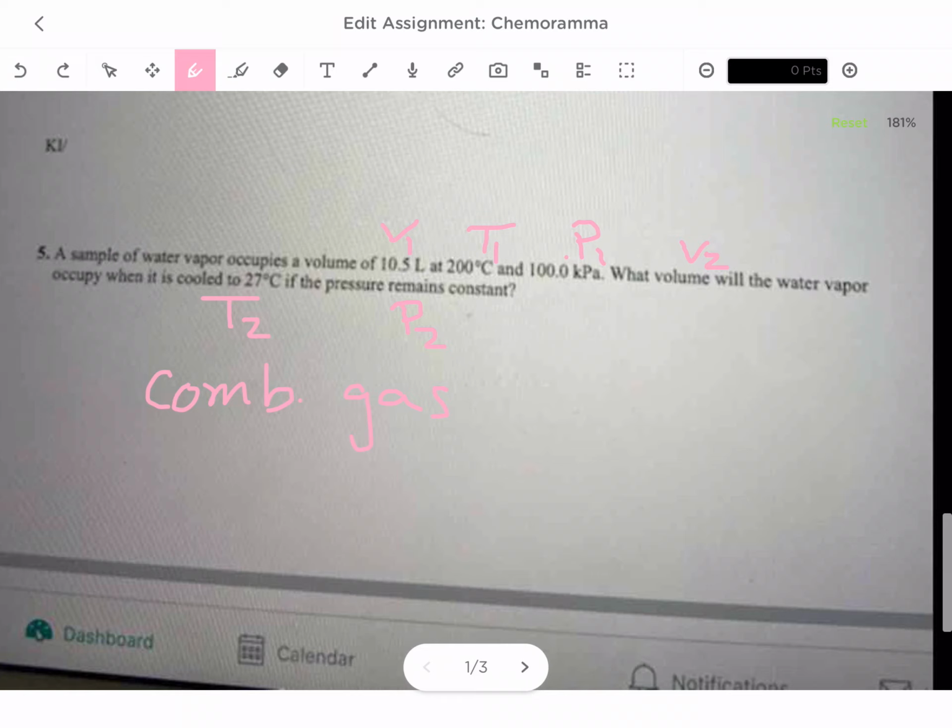And pressure and pressure. Actually, you don't even have to do that much, but it's okay. You can do a combined gas law here. But this is also 100.0 kPa, in case you were wondering. Pressure remains constant, so this could also be a Charles Law problem. It will work the same way. It doesn't really matter.